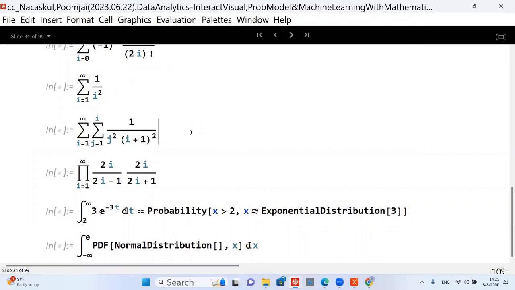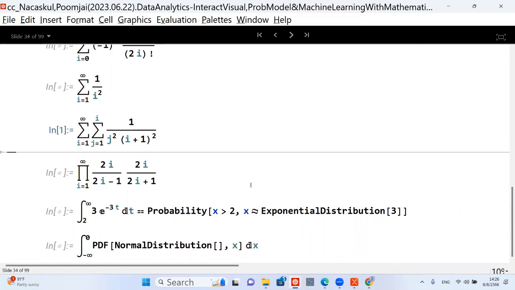This is actually a double summation over i and j. The outer summation goes from i going from 1 to infinity. The inner summation goes from j to i. So it's sort of like a nested summation. You cannot do this with Python, R, C++, or anything. Maybe something like Julia might be able to do it, I'm not quite sure.